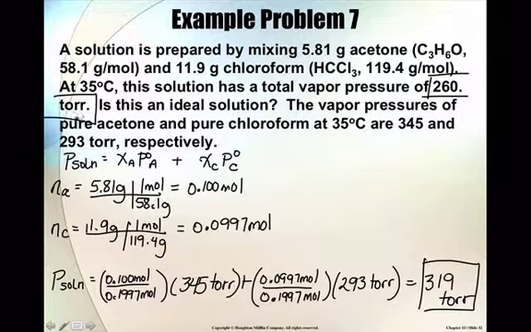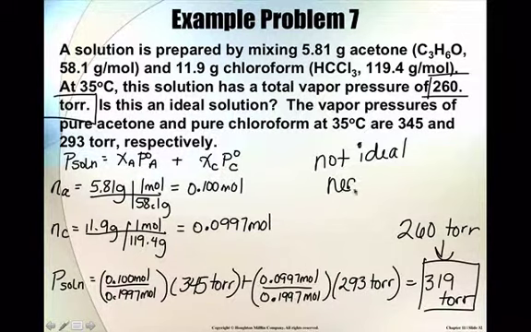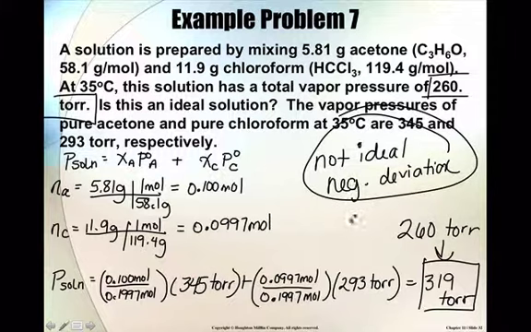So when we observe it, we get 260 torr. What we expect to get, though, is 319 torr. So this is not ideal. It has a negative deviation from Raoult's law. The solute and the solvent are having a special attraction for each other that's causing the vapor pressure to drop.